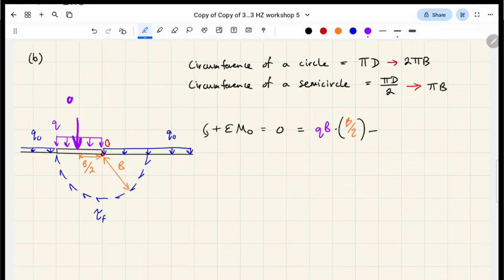So this is, remember, the equivalent point load. Got it? Here is the equivalent point load for surcharge. Got it? So we're going to do a very similar thing, except we're going to subtract it because this is acting clockwise on our spin about O, right? But it's got the same lever arm.